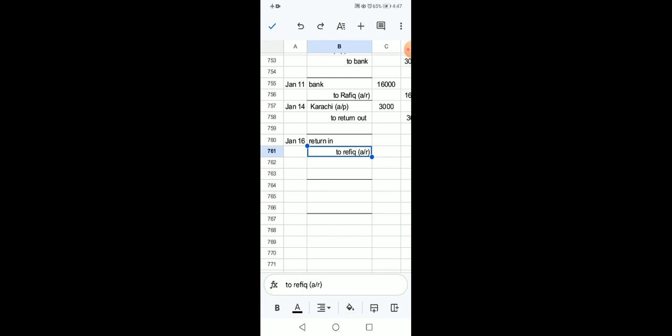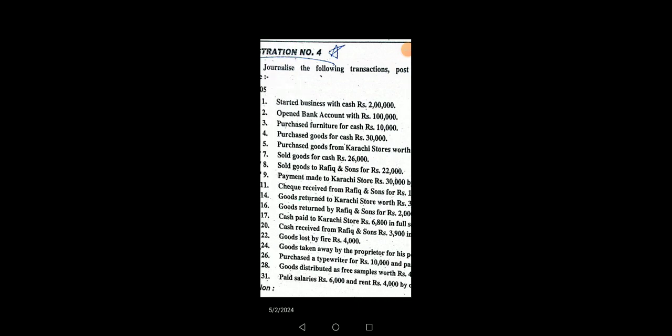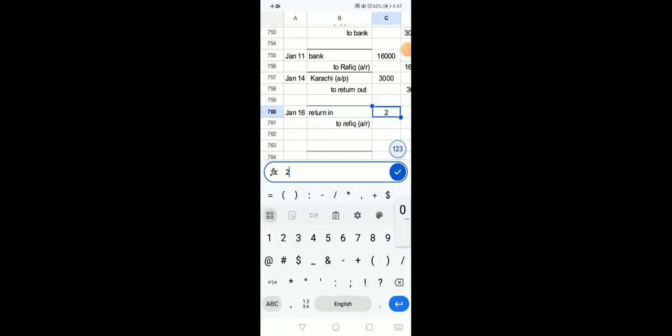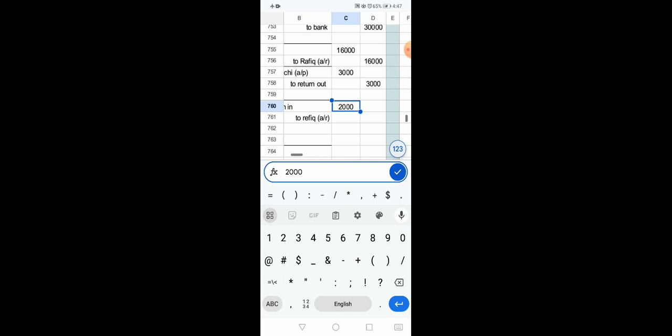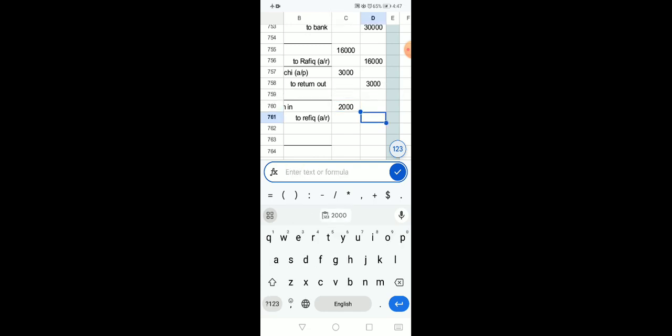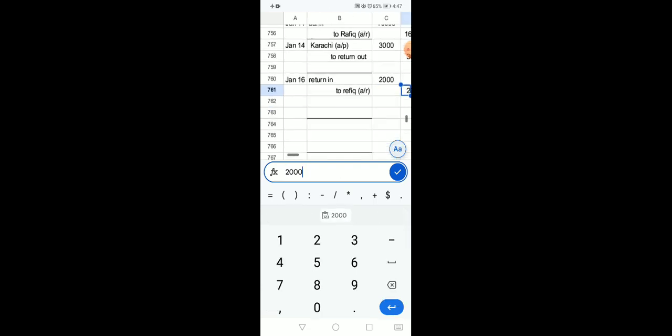Due to decrease in asset, you are mentioning Rafiq's name on credit side. January 16th. How much worth of goods are returned? It was entry number 16. Rafiq had returned goods worth rupees 2000. So you will be writing 2000 on debit side, and the same amount you are supposed to write on credit side as well. Entry number 16 is completed.